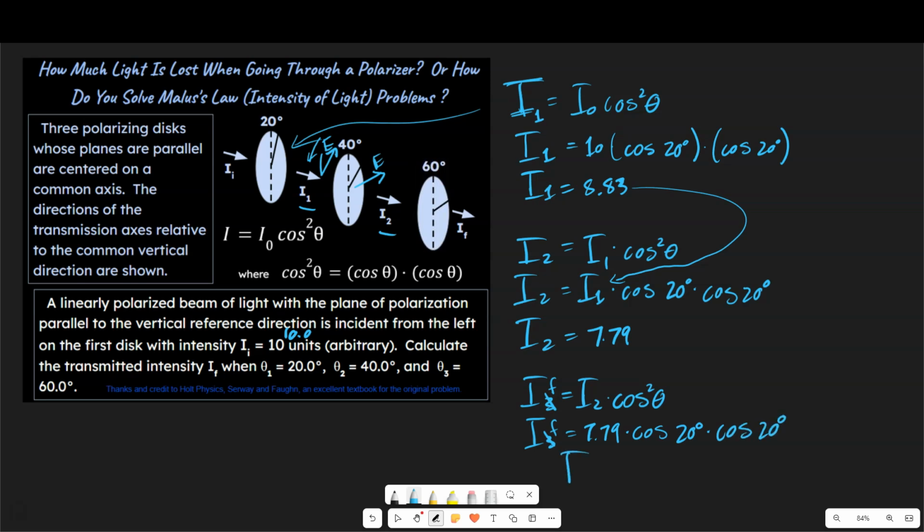So just be careful how you do this. In this case, you're going to end up with a value of 6.88. Actually, I did not round off to 3 sig figs every time I did that calculation; it just carried through my answers. So if you get a slightly different answer because you've been using 3 sig figs throughout, that's the explanation why.